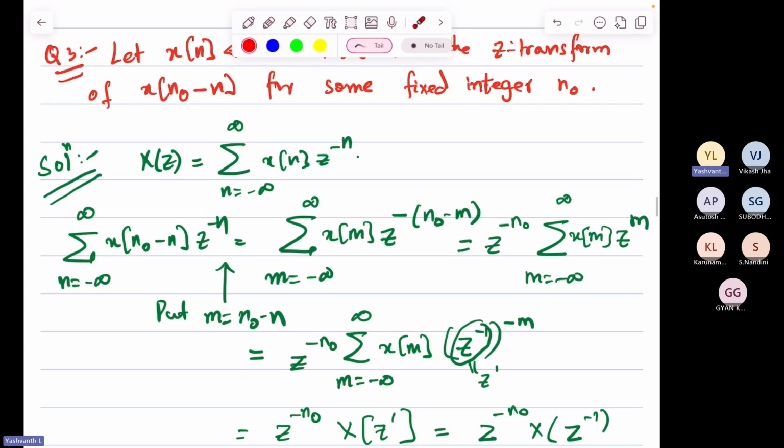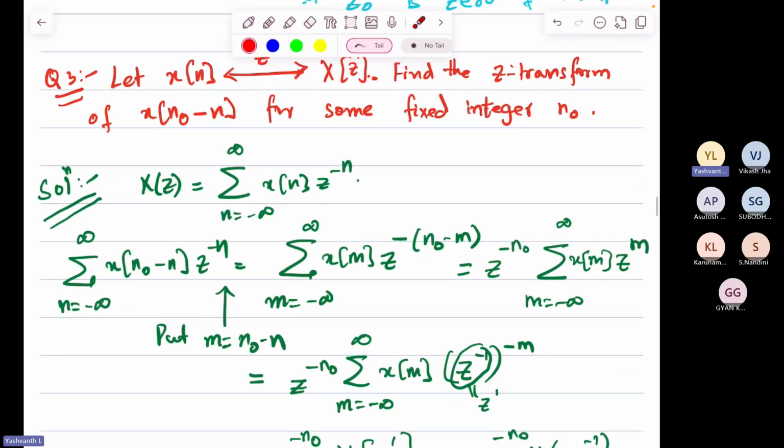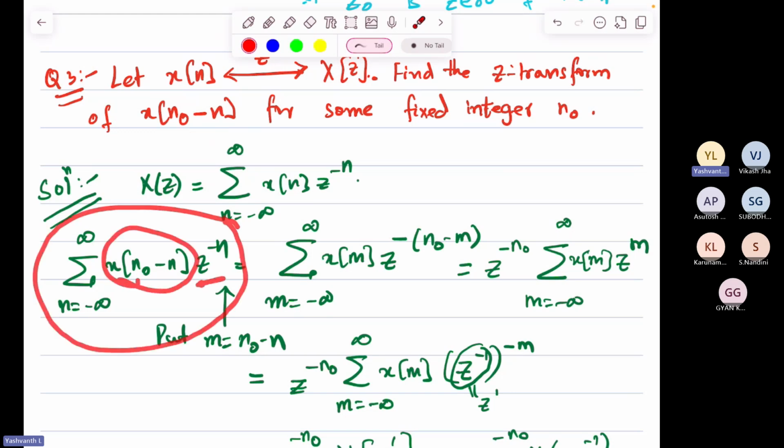Now let's compute the z transform of x of n naught minus n. Just substitute, multiply by z power minus n, and take the summation from n equal to minus infinity to plus infinity.